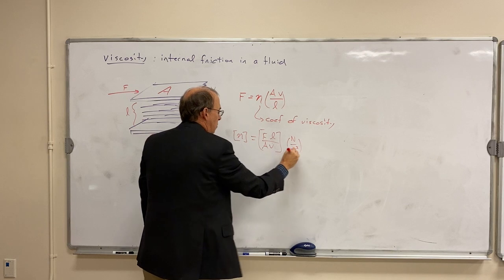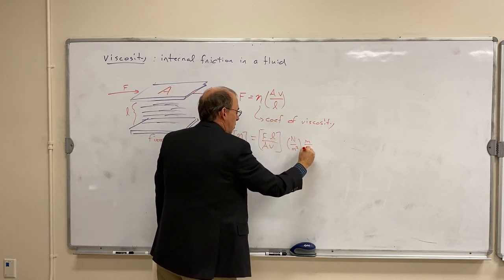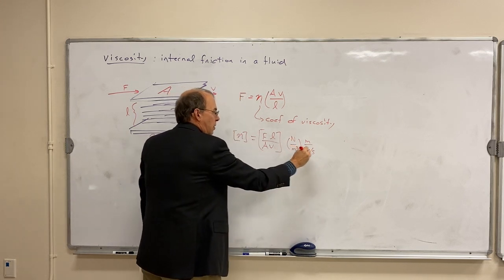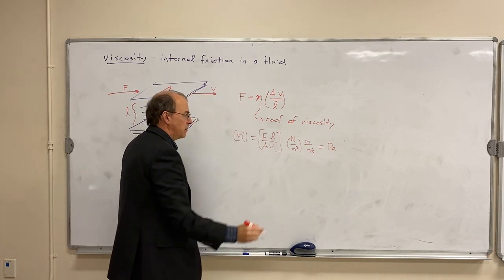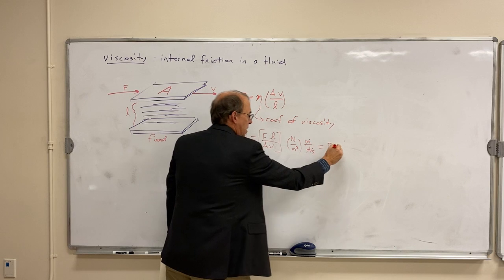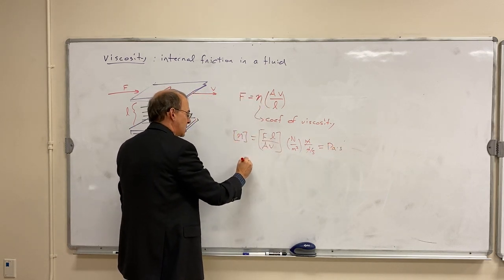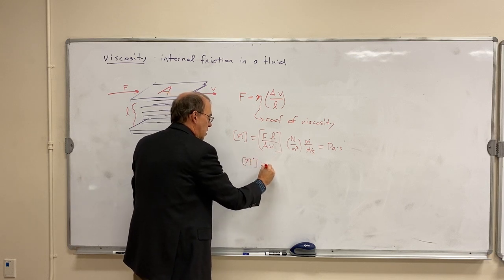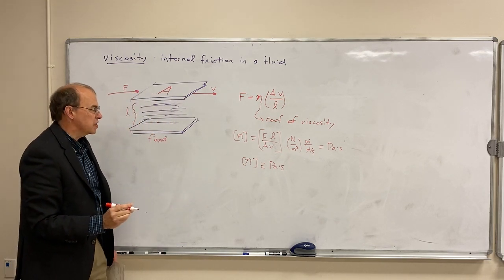We've seen that before. Length over velocity is meter over meter per second. Newton per square meter is a Pascal. We just saw that. Meter over meter cancels. 1 over 1 over seconds is seconds. So the unit of viscosity is a Pascal second. That's the SI unit of viscosity.